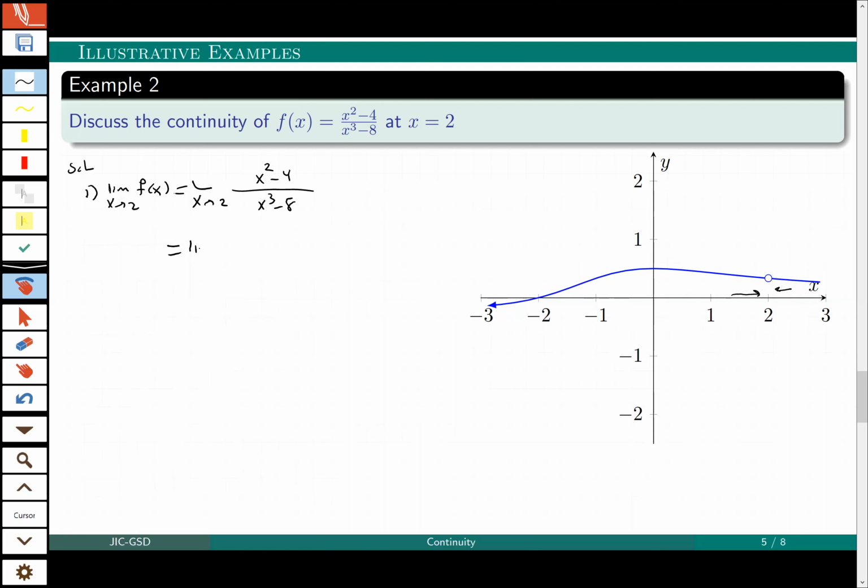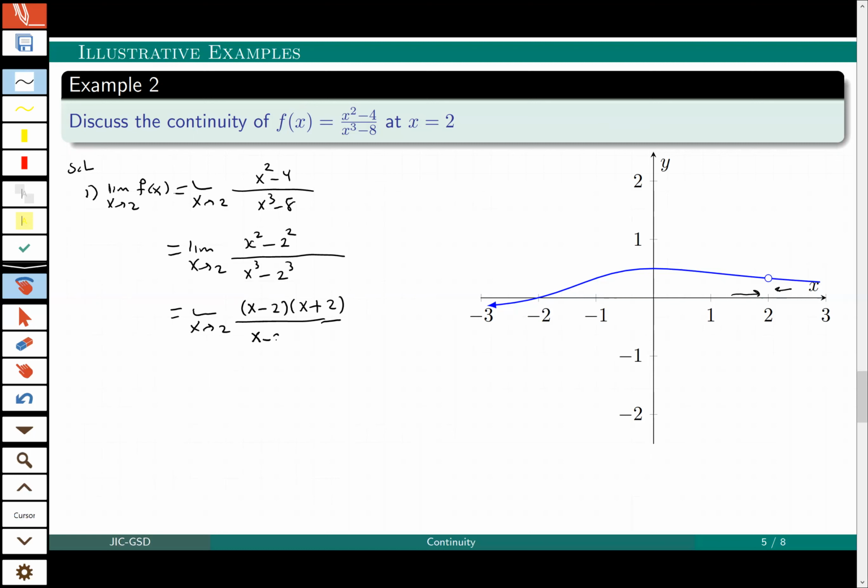As we said in our lecture on limits, we could do it by 2 different methods. One of them is factoring, which is x squared - 2 squared and x cubed - 2 cubed. Applying factoring of binomials, the difference of 2 squares: square root of the first minus square root of the second, square root of the first plus square root of the second.